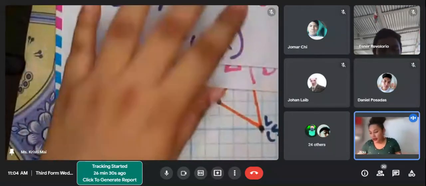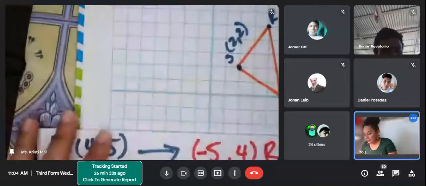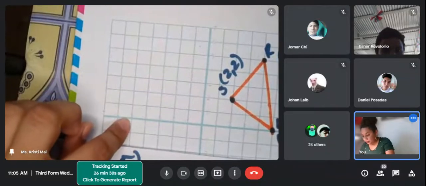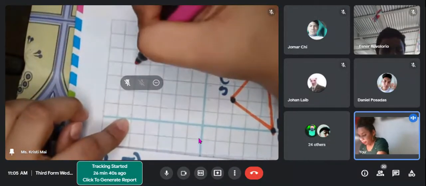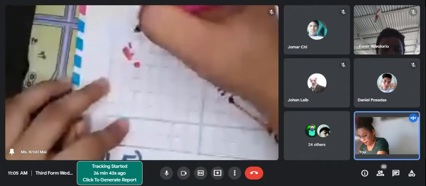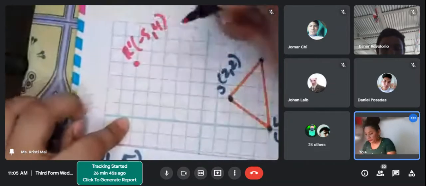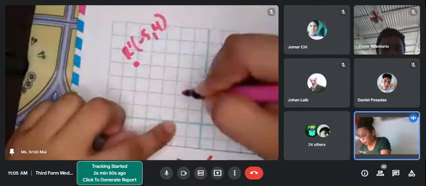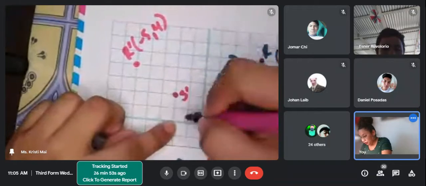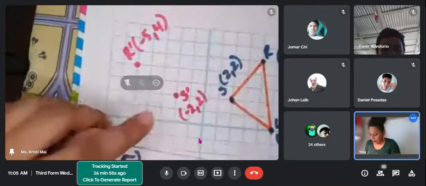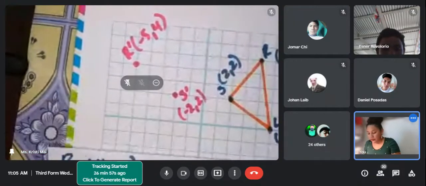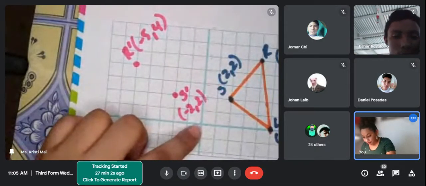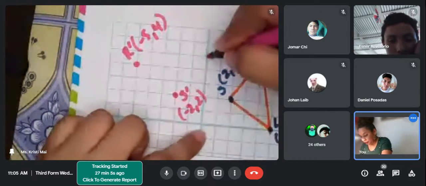So let's go ahead and plot these points. I am going to have negative 5 on the X, and then 4. Negative 5 and 4 right here. This is R1, negative 5, 4. I have S1, negative 2, 2. And then I have L1, which is 0 on the X, and then 5 on the Y right here.